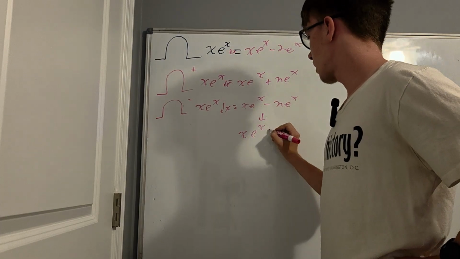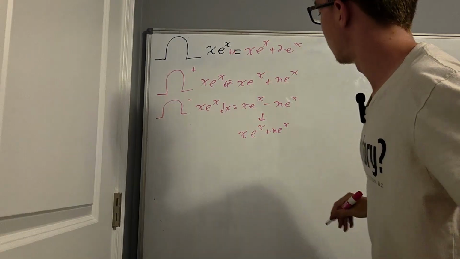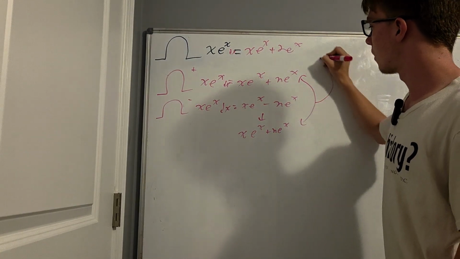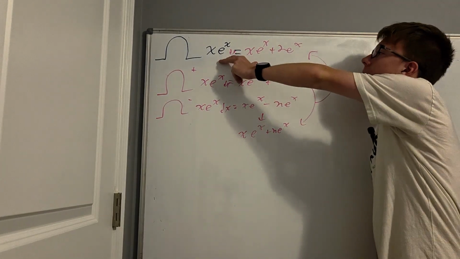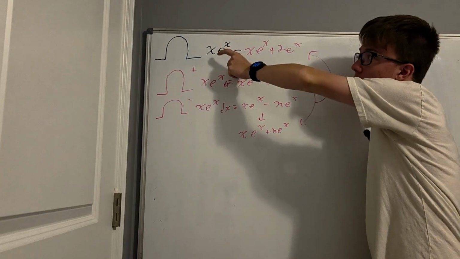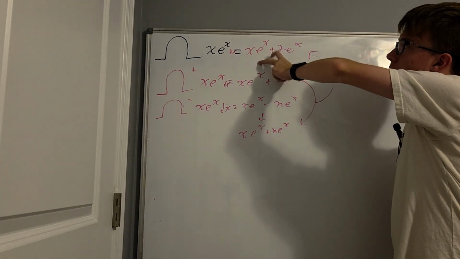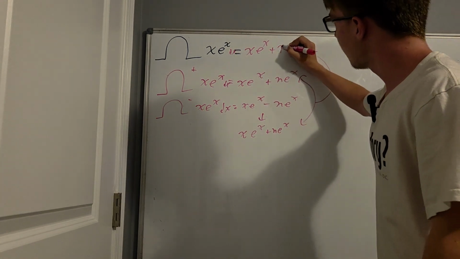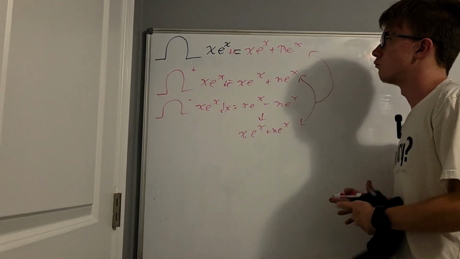X e to the x plus n e to the x. So actually, these do match. These actually match. So, bam. I can prove now that the nth derivative of x e to the x with respect to x is equal to x e to the x plus n e to the x. I don't know why I wrote a 2. N e to the x, no matter which direction you go.